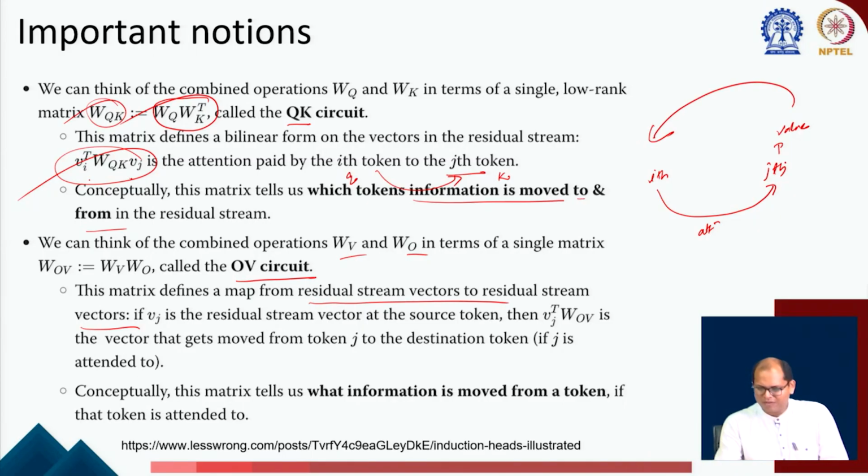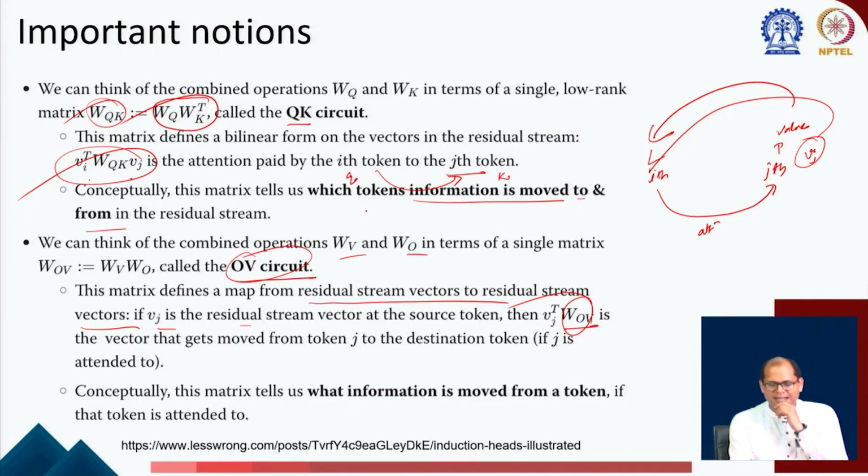So, you have Vj in the residual stream vector at the jth token, and you multiply it with this WOV. That is the vector that is getting moved from token j to token i. So, the OV circuit is telling us what information is moved.